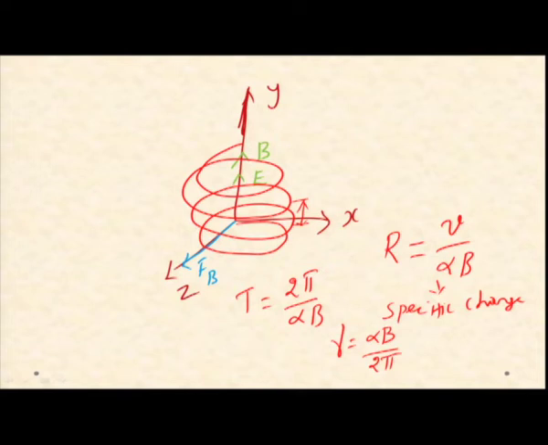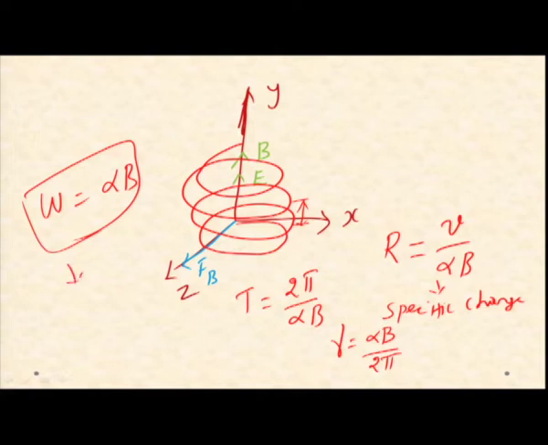Then the angular frequency omega is equal to alpha B. This is the angular frequency of the charged particle. So like this you can learn many terms when a charged particle is moving in a combined electric and magnetic field.